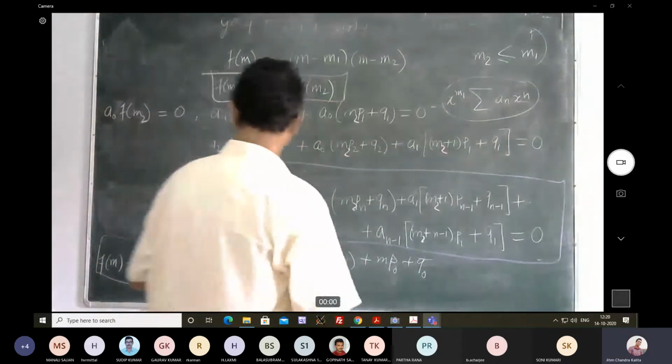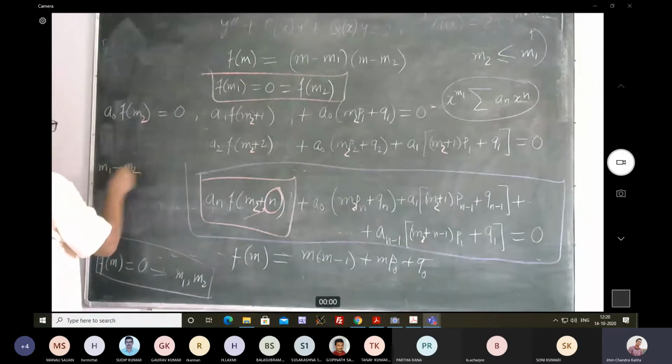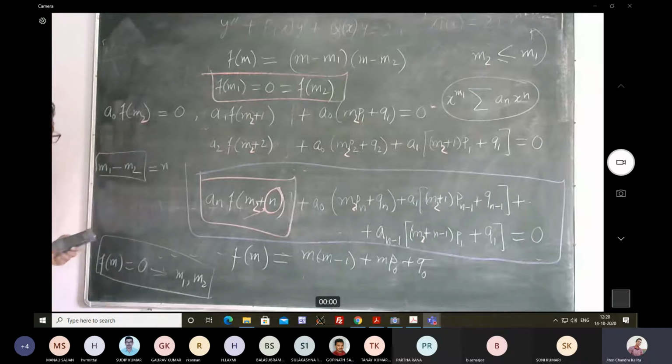Now see, if m1 minus m2 is equal to 0 or a positive integer, suppose that positive integer is n. That means m1 equal to m2 plus n.